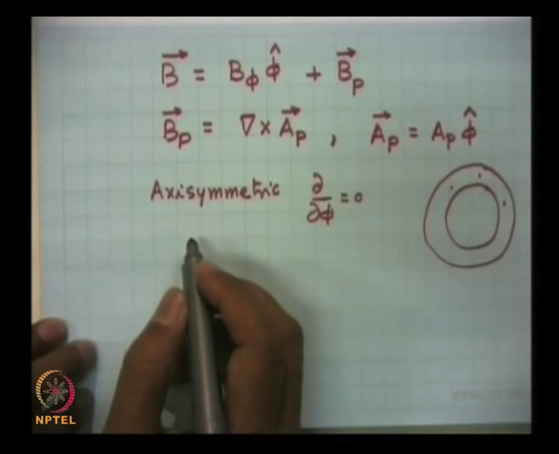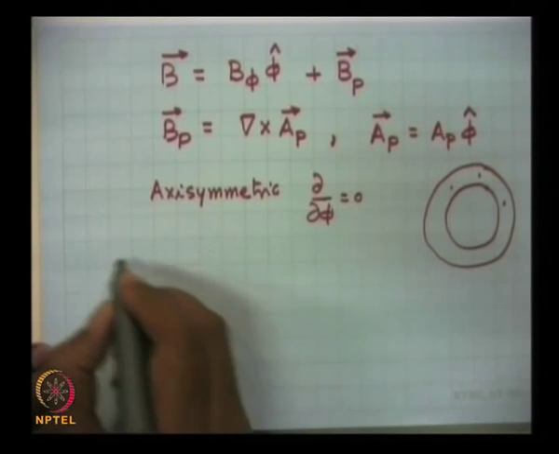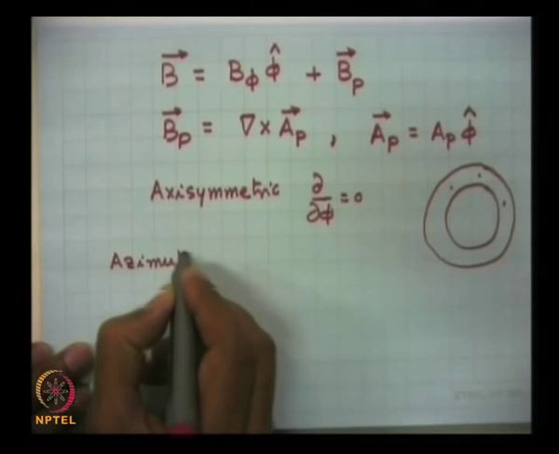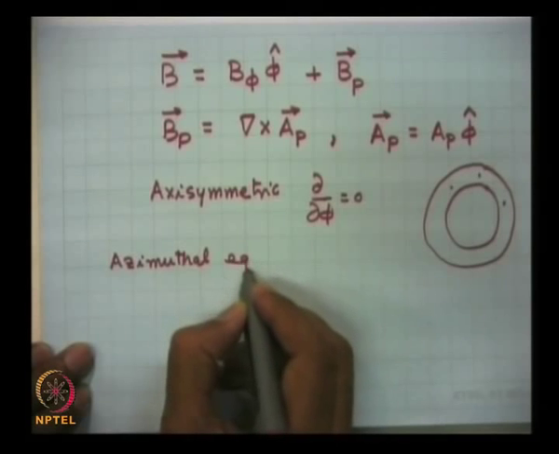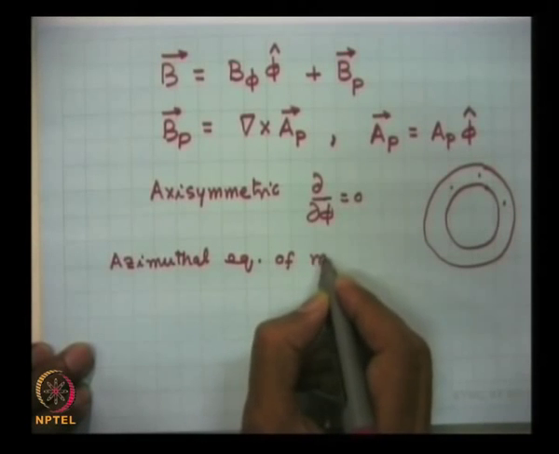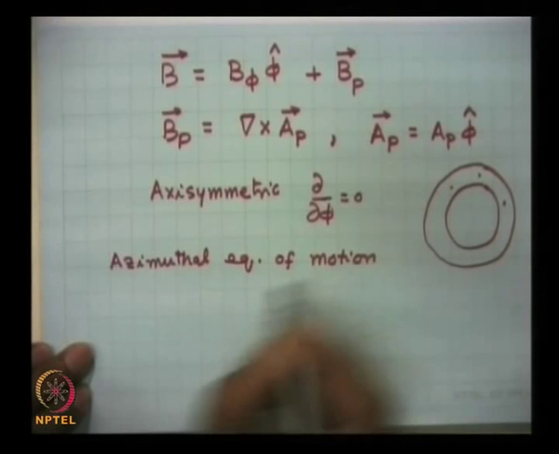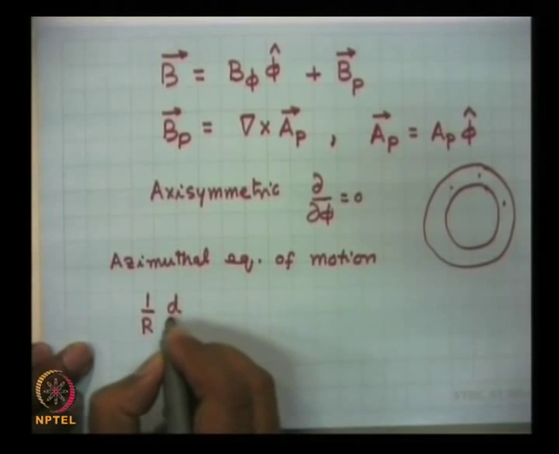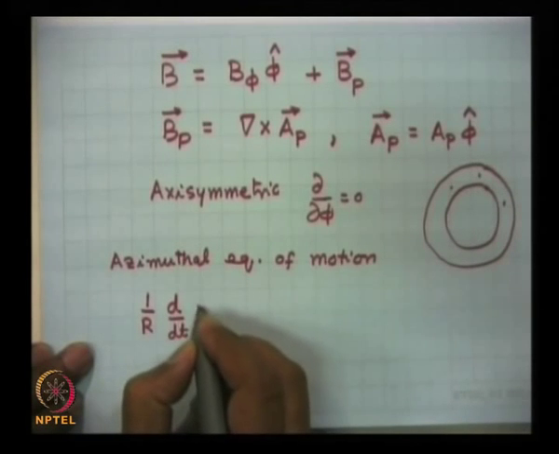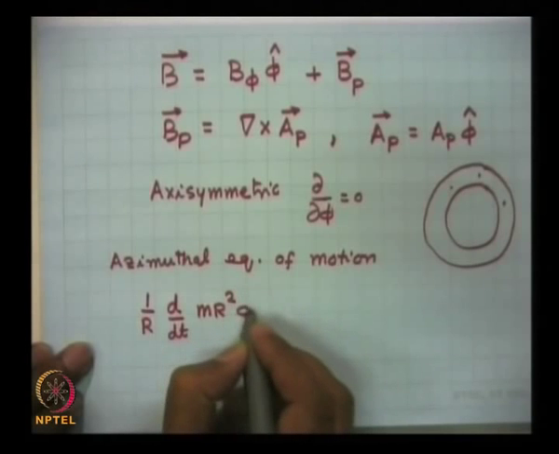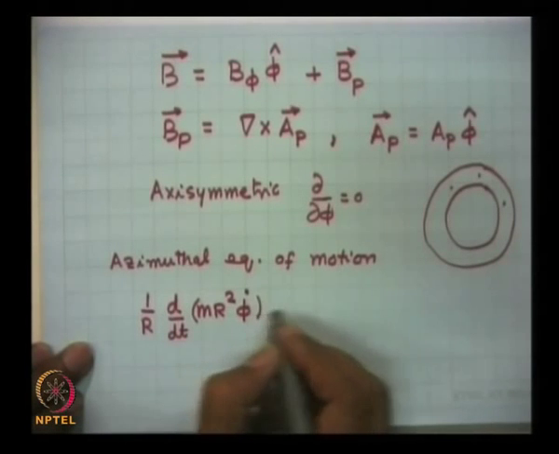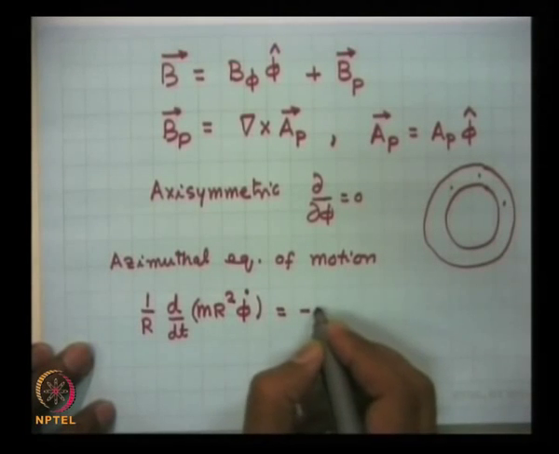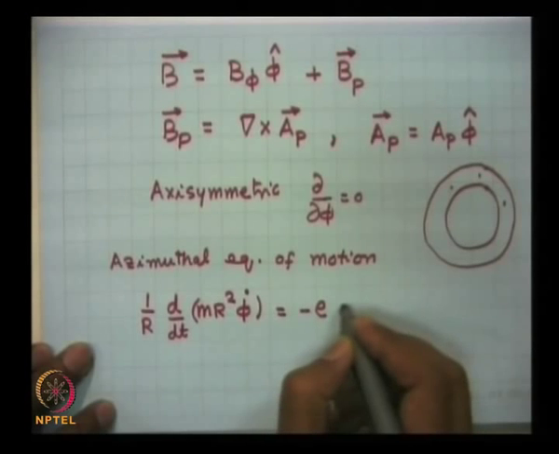Now, in this case I would like to write down the azimuthal equation of motion, which is 1 upon r d dt of m r square phi dot is equal to the force on the electron due to the magnetic field, which is V cross B force.